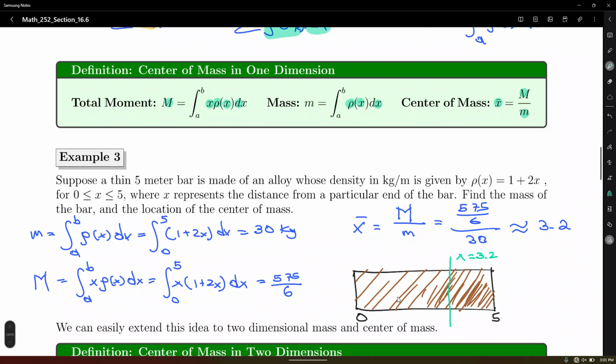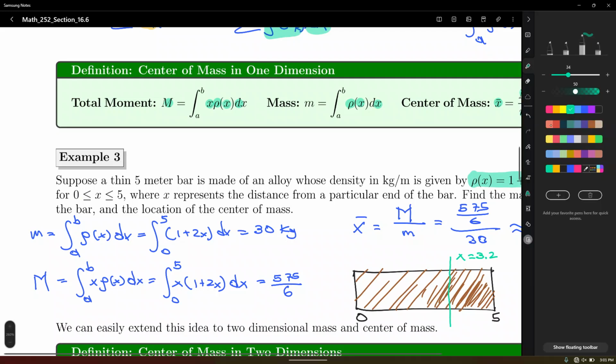It's just linear density because it's a bar. The density is given by the function rho of x equals 1 plus 2x, and we want to know the center of mass within the interval 0 to 5. Let me highlight that interval right here.